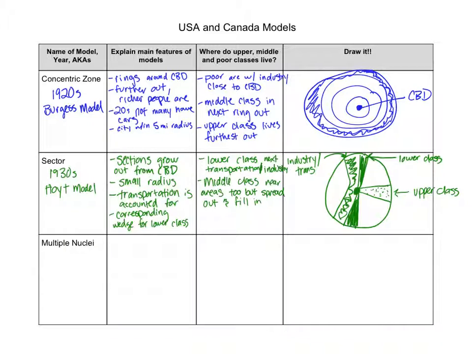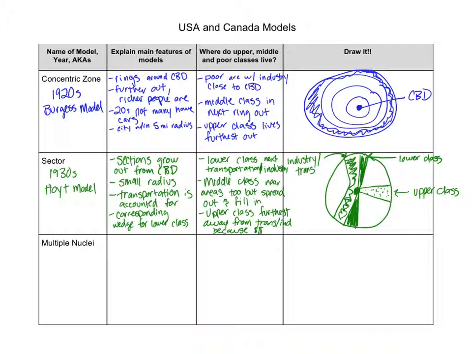And then like we said earlier, our upper class is going to be in a wedge furthest away from the transportation and industry. Because they can afford it, remember? Because of the money. They have all of the money, okay?